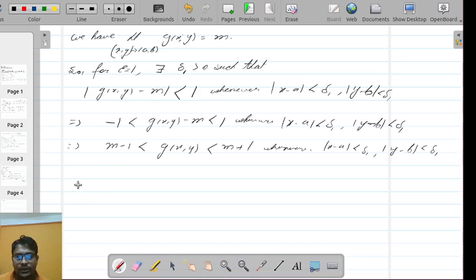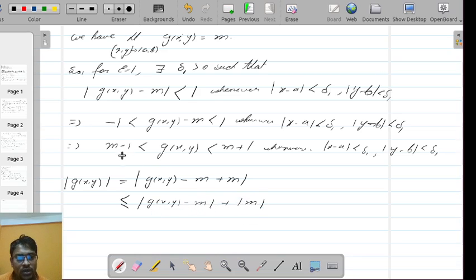Can we make it simpler? We can also make it this way. I want a limit for mod of g of xy, so this can be written as mod of g of xy minus m plus m. This is less than or equal to mod of g of xy minus m plus mod of m.